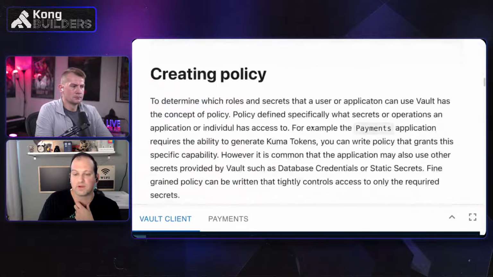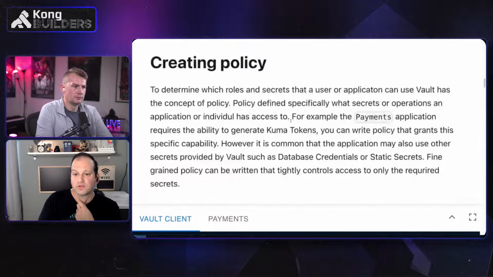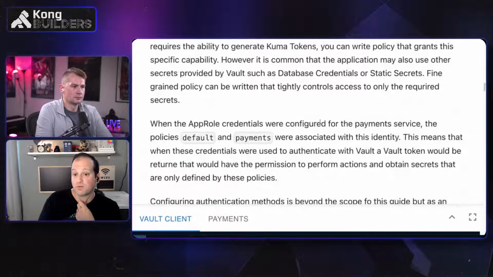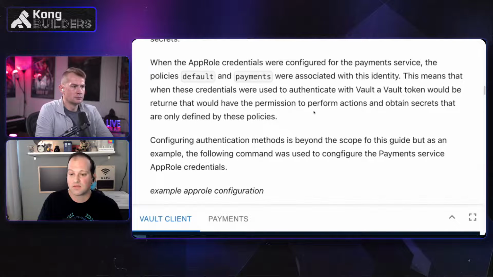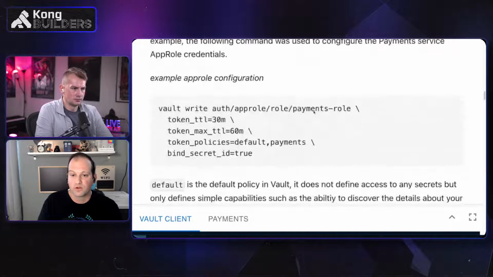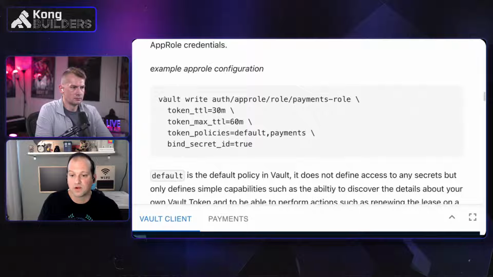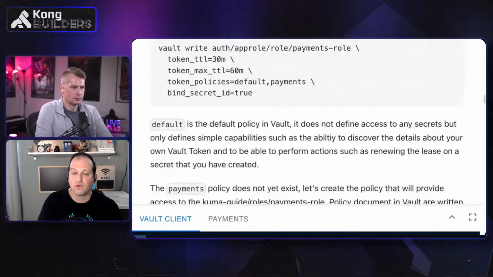All right. So now we need to create a policy that is going to leverage that role. What we need is a policy where they can default in the default mesh and get the payment service. So we're going to do that here. We're going to enable this, so we're going to do a vault write to this role. We're going to tell it the TTL, the max TTL, the policies.